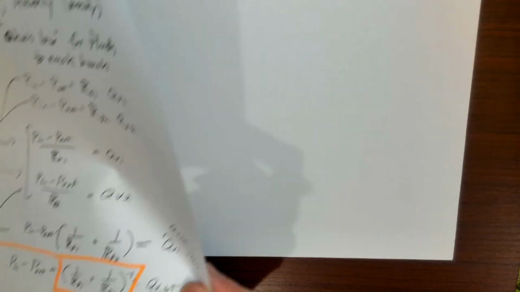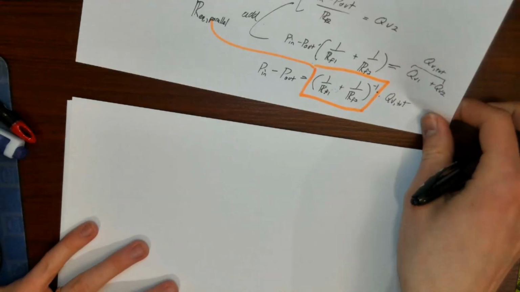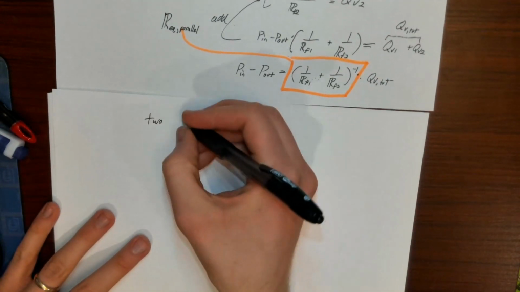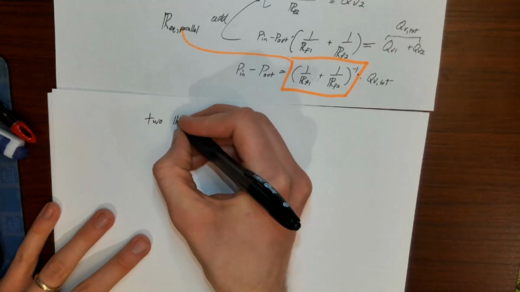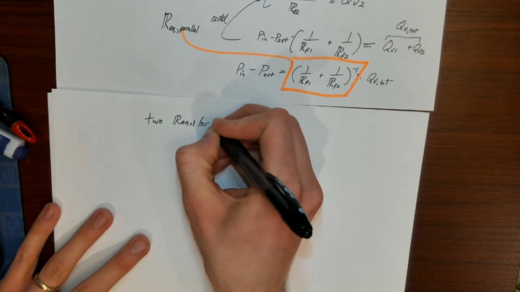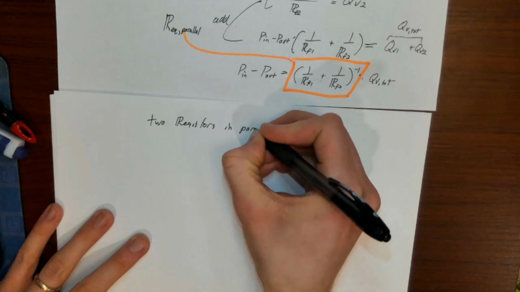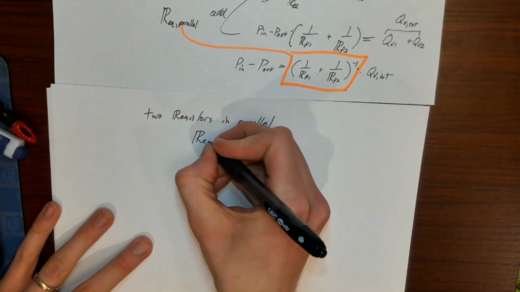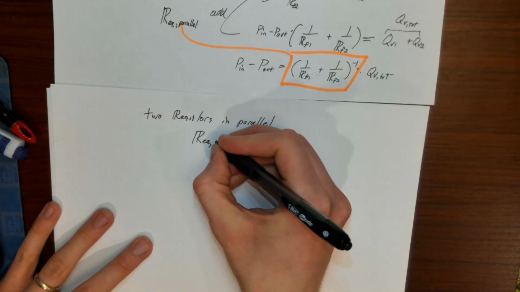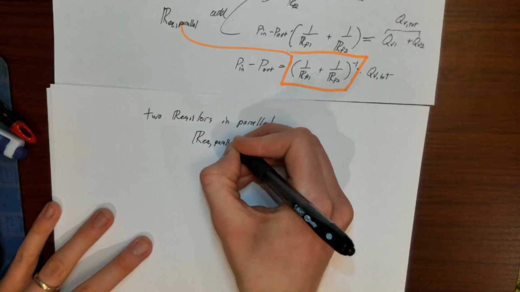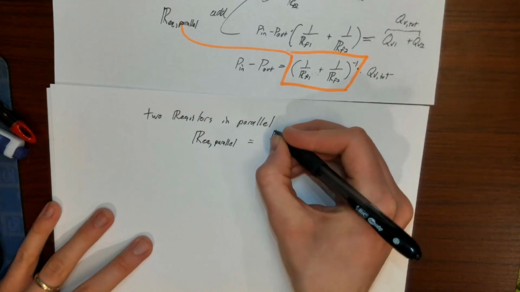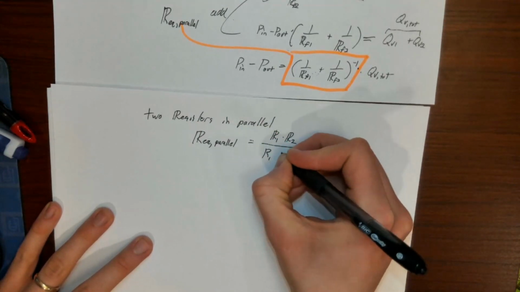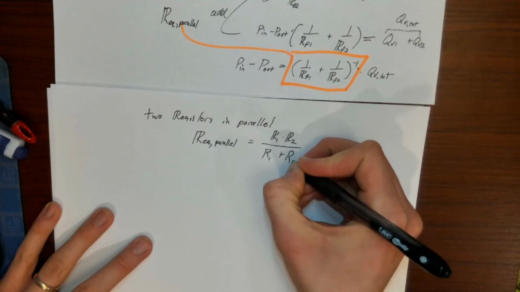If you have just two resistors in parallel, the equivalent resistance ends up being R1 times R2 divided by R1 plus R2.